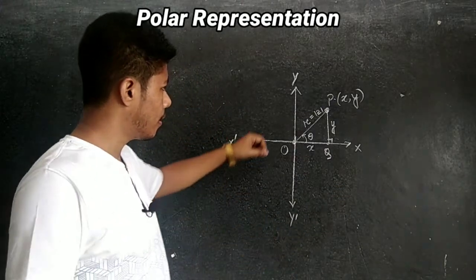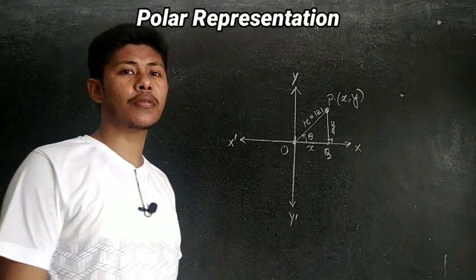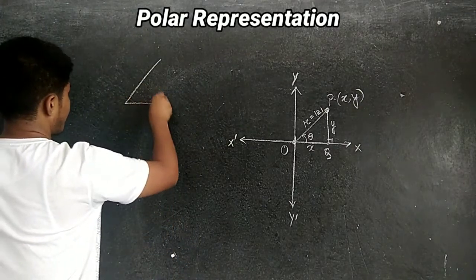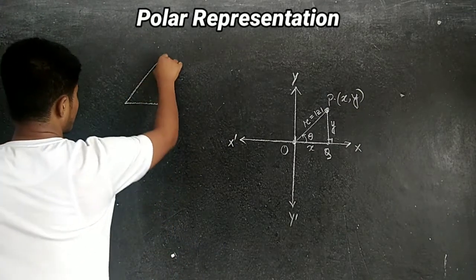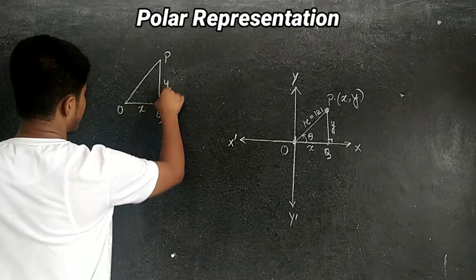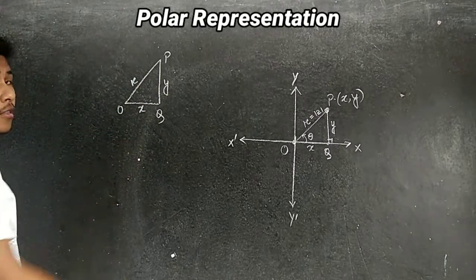If anyone asks you how can we say this r and modulus of z are equal, you see here, if you see the diagram separately, very simple, this one is P O Q, the distance is x and here distance is y, and we write this one is r.